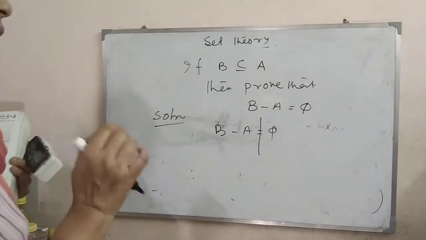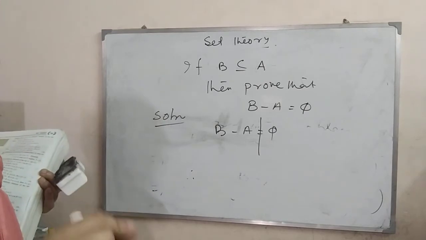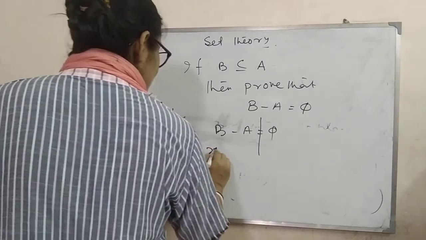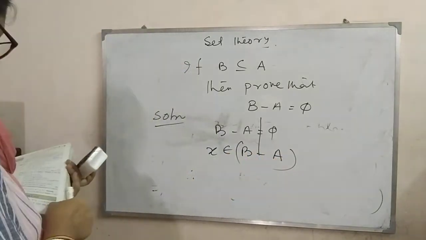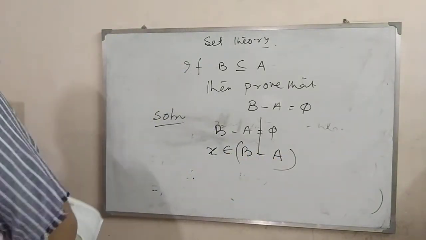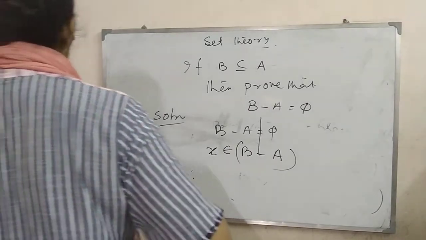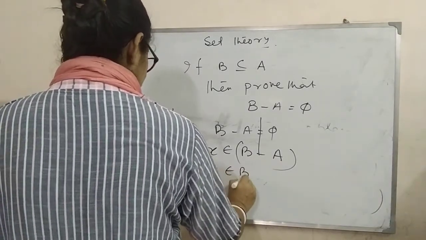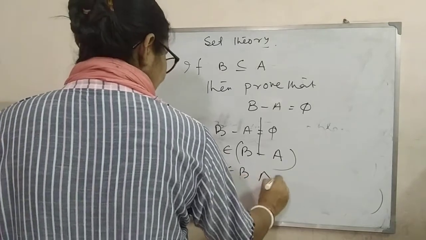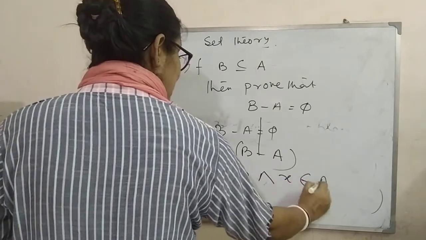That means there is at least one element X belongs to B minus A. That means X belongs to B and X not belongs to A.